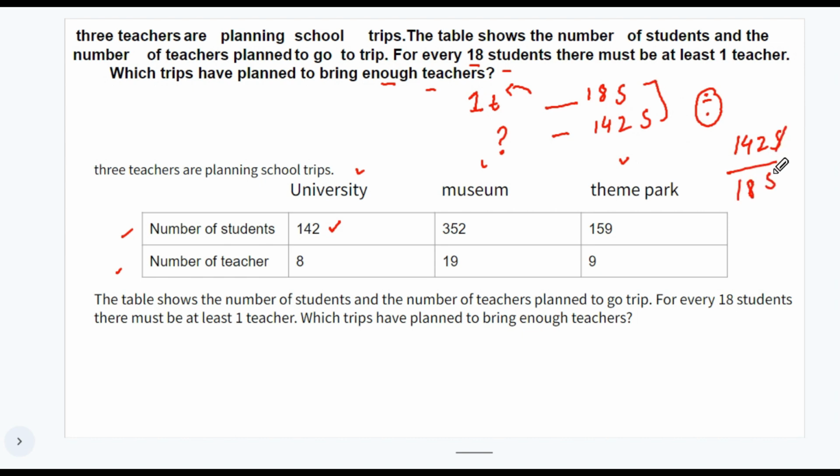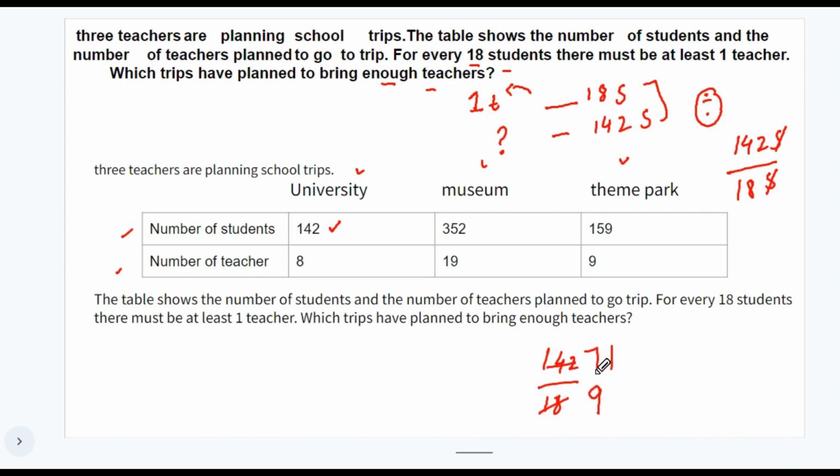So look, this S will be cancelled, meaning students will be cancelled, and you are left with 142 divided by 18. We can simplify it by 2. 2 times 9 is 18, 2 times 7 is 14, and 2 times 1 is 2. Here we have 71 divided by 9.